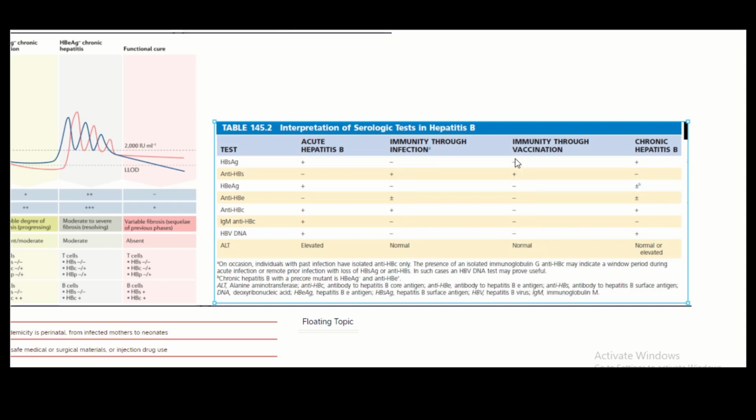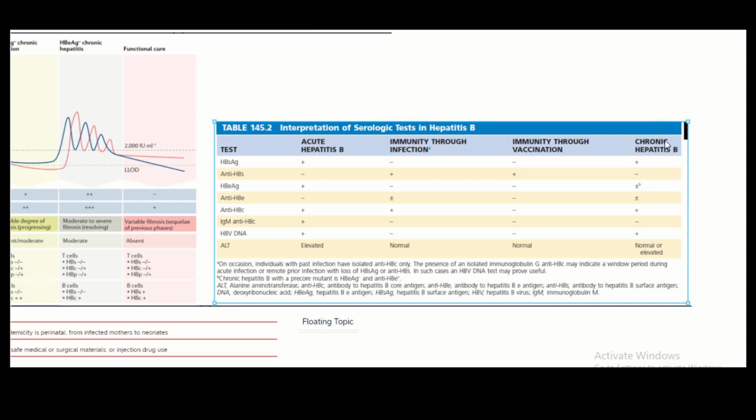That's why we will find DNA and HBs antigen. Then the variables are that ALT may be normal or elevated, depending on whether this is an active chronic infection or a dormant chronic infection.